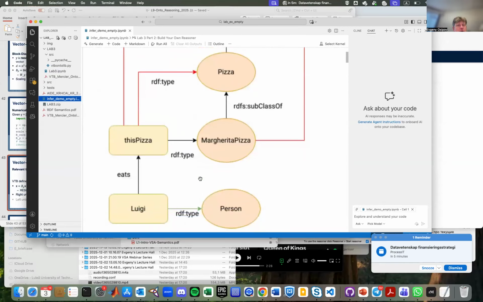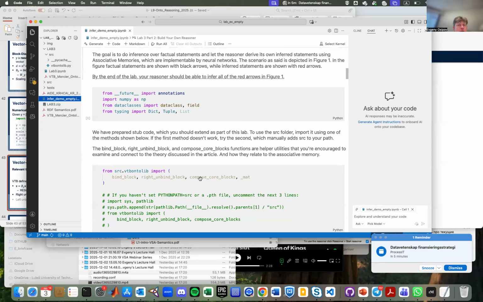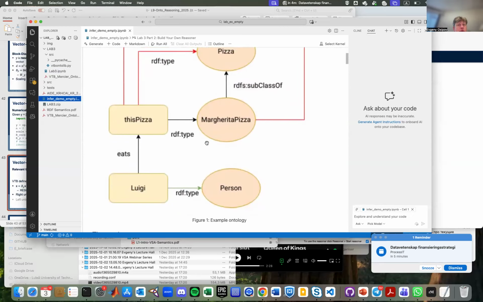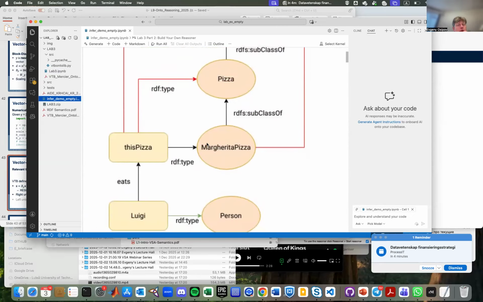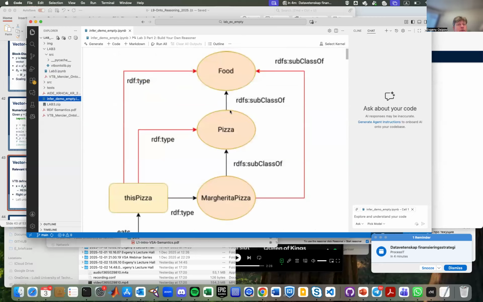This is the scenario. You're given this small part of the ontology. Luigi is a person, and he eats this pizza, a pizza of type margherita, which is a subclass of pizza, which is a subclass of food. The black arrows are the facts that you put in your knowledge base.